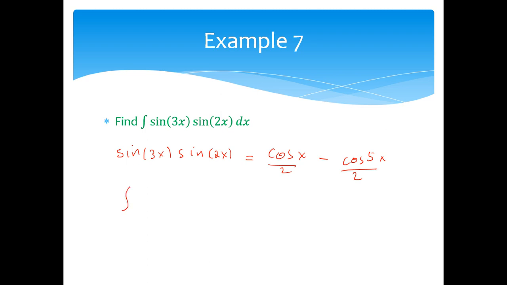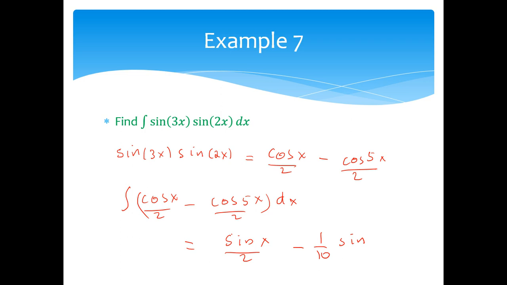Then we will have the integral of cosine x over 2 minus cosine 5x over 2 dx, and that should give you sine x over 2 minus 1 over 10 sine 5x plus c. That's the end. All right.